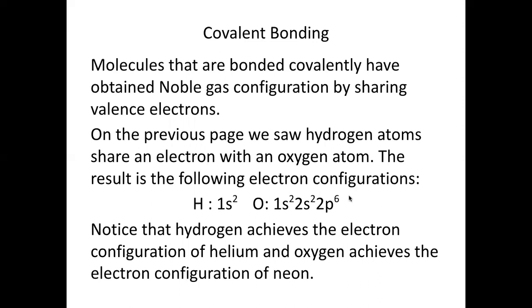And you can remember and recognize this ns2 np6 that is common to all the noble gas configurations. So notice that hydrogen and oxygen achieve the electron configuration of the noble gas that's closest to them. For hydrogen, that is helium, and for oxygen, that is neon.